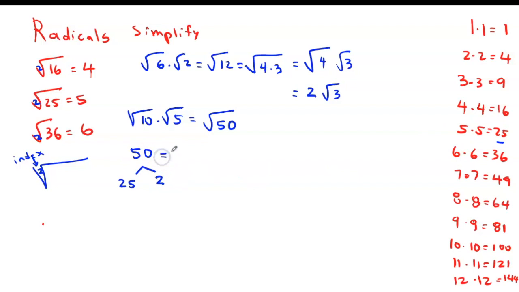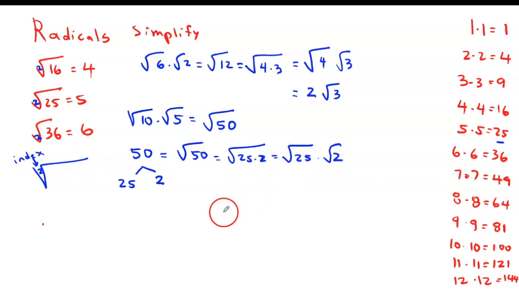So I'm going to take that square root of 50 and break it into two numbers, which is 25 times 2. And because I have two numbers multiplying, I can break them into two different radicals. Normally I bring the perfect square in the beginning. Why? Square root of 25 gives me 5.